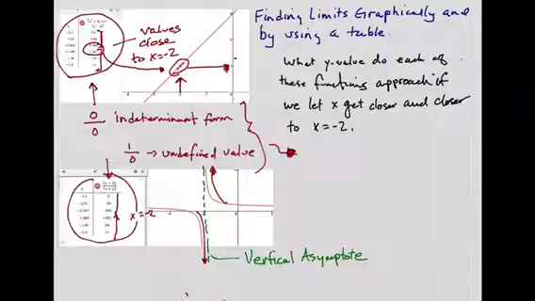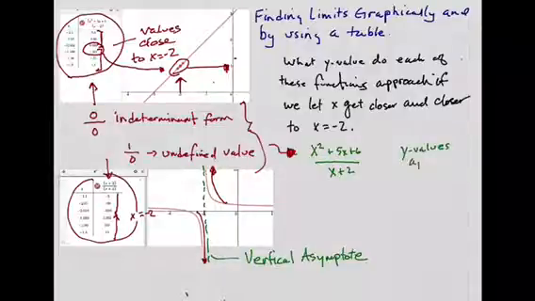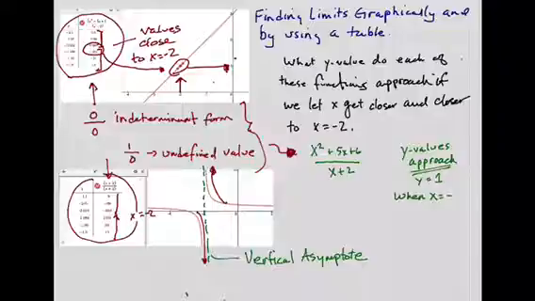Now, on the graph at the top, when I have this function, my y values approach, and the word approach is very important, they approach y equals positive 1. They never reach positive 1, but they approach positive 1 when x is negative 2.